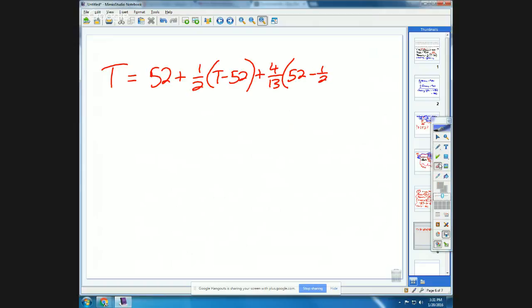I'm missing total. T minus 52 minus 1/2 of t minus 52. And let's see, that's radio, presents, checking, and then charity is next, so I still have to add the 180.